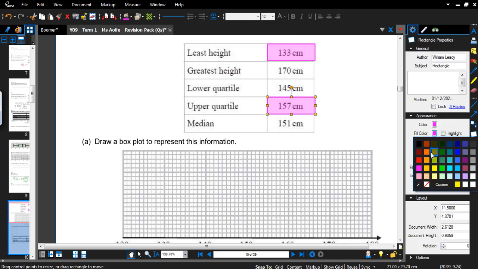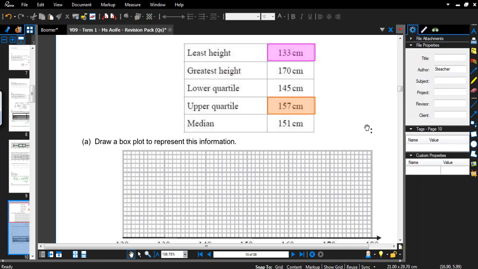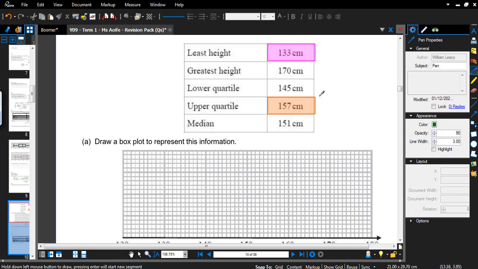So this is going to be interesting. So the upper quartile, what percentage does that represent? That represents the 75th percentile. So 75% of the values are less than this.